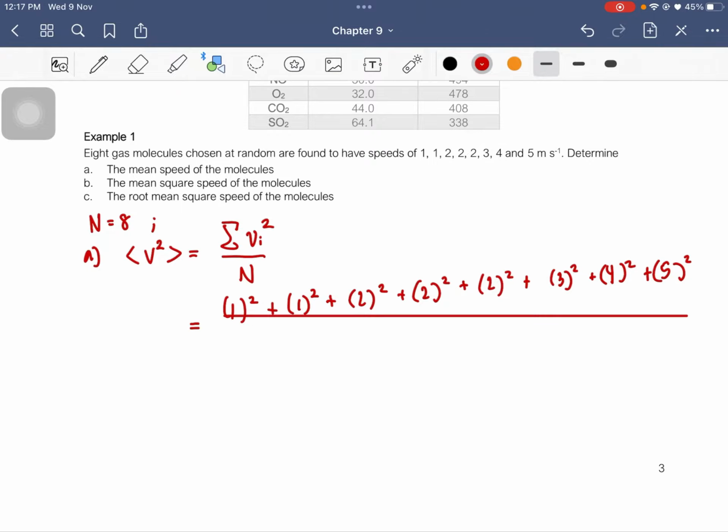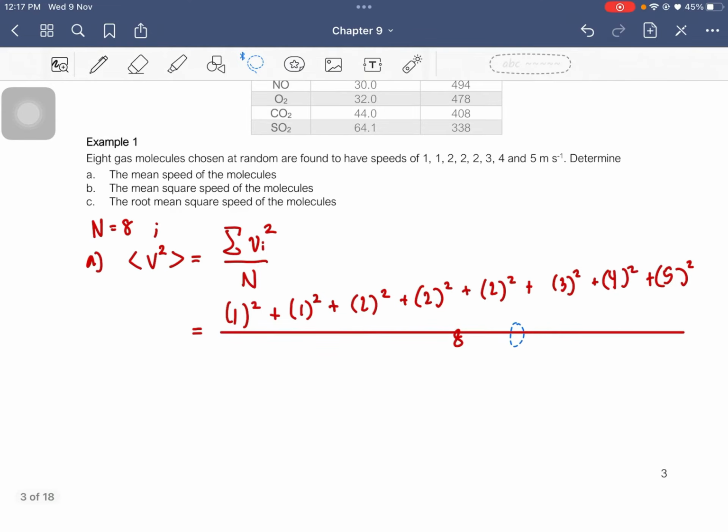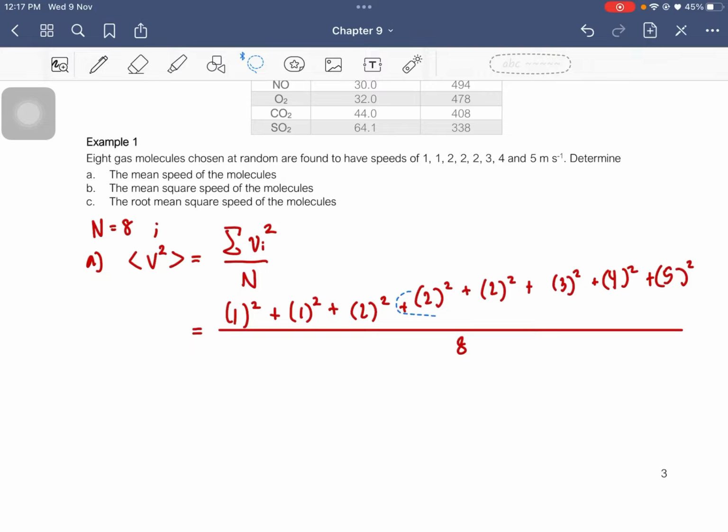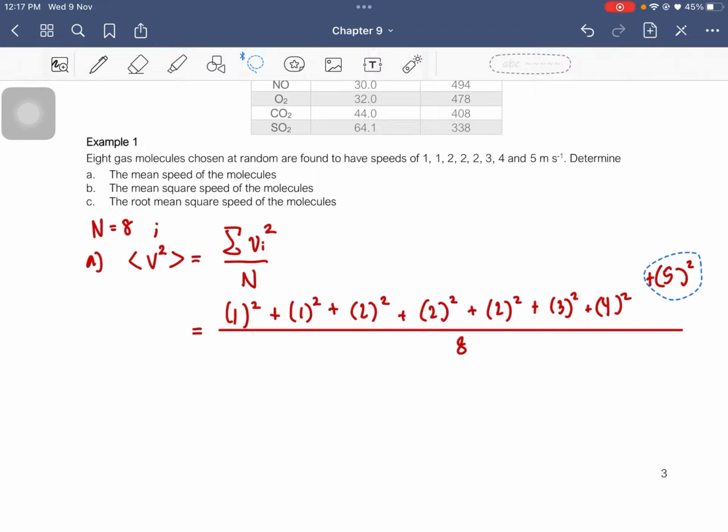Okay, so divide this by the number of molecules, which is 8. Okay, so you will get the mean square speed to be equal to 8 meters squared per second squared.